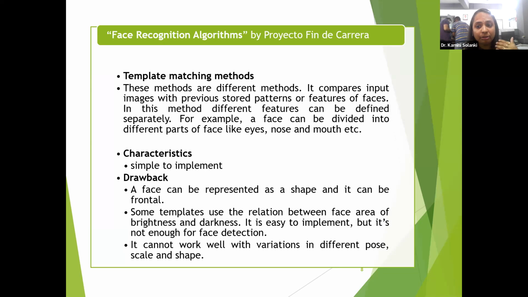So if you have a 45 degree or 90 degree angle of the face, template matching cannot work well, right? Some templates use the relations between the brightness and darkness of face areas. So if your face is in different lighting conditions, it generates illumination problems.